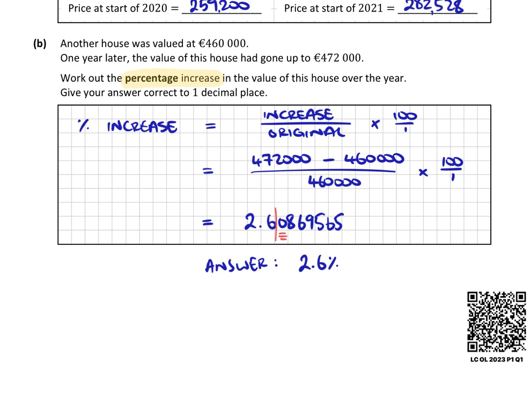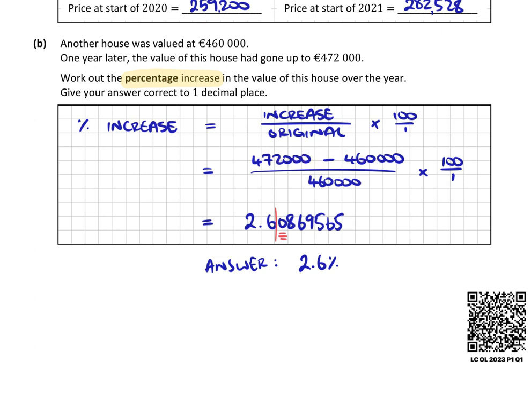So the increase, first of all, we need to find out. The increase is going to be the new amount, which is 472,000, minus the old amount, which was 460,000. By taking these two values away, we work out what the increase is, and we can see the increase there is going to be 12,000.